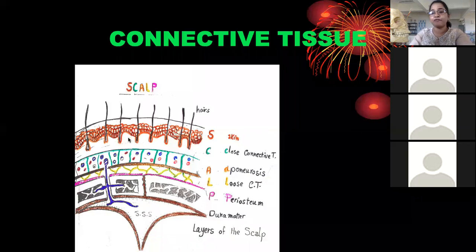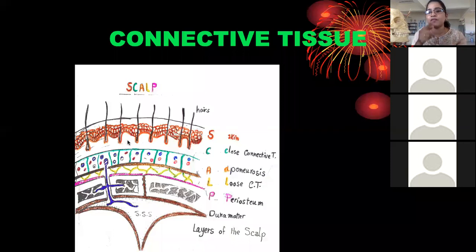The fibers inside connective tissue are made up of collagen fibers and reticular fibers. All these fibers are so thick here that the fibrous tissue is so thick, there is not enough space, and the blood vessels are inside it.